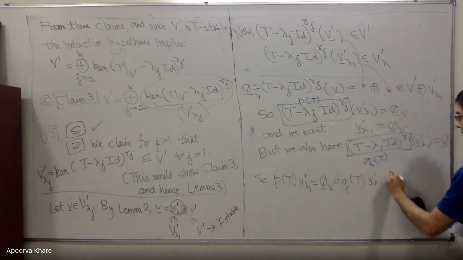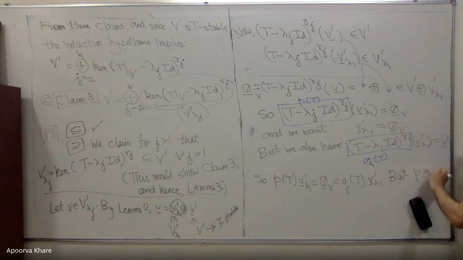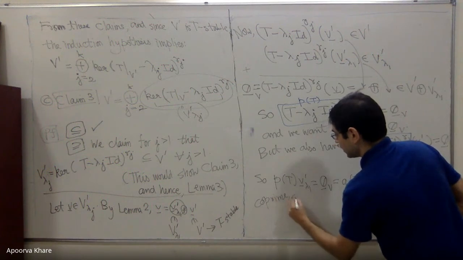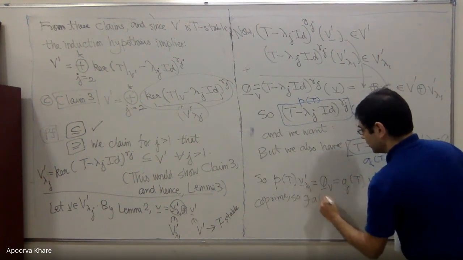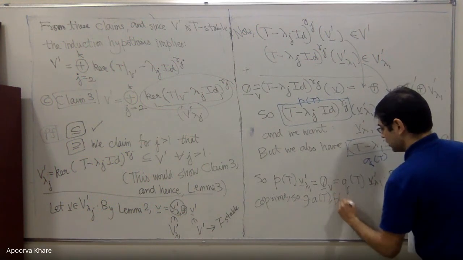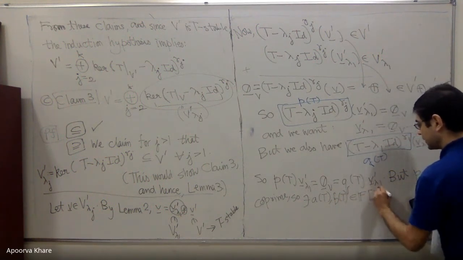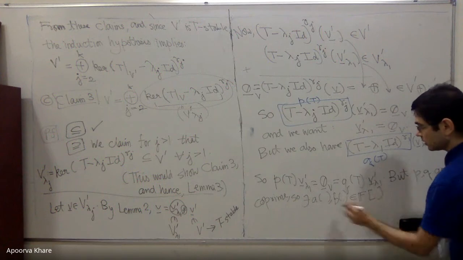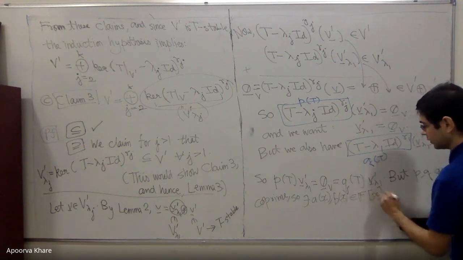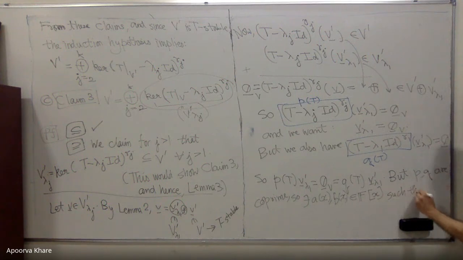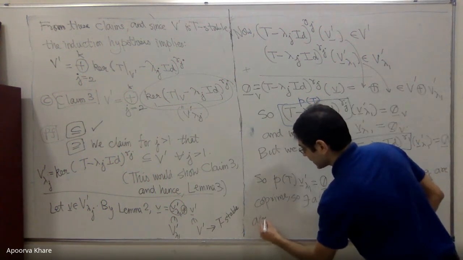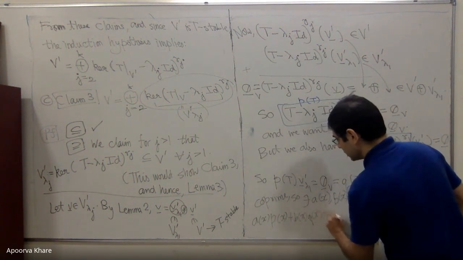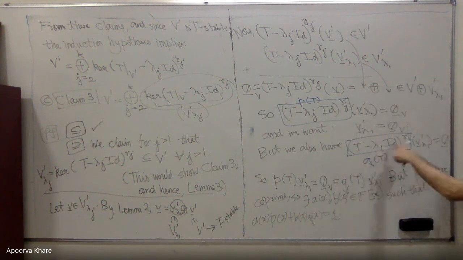Since p and q are co-prime, there exist a of x and b of x in F[x], the polynomial ring, such that a(x)p(x) plus b(x)q(x) equals 1.